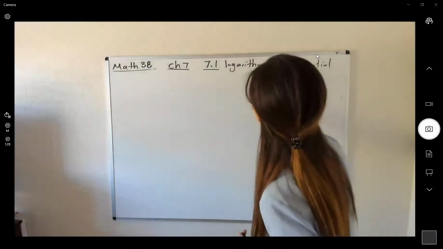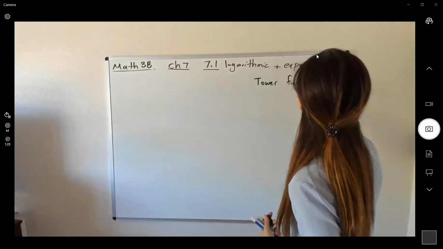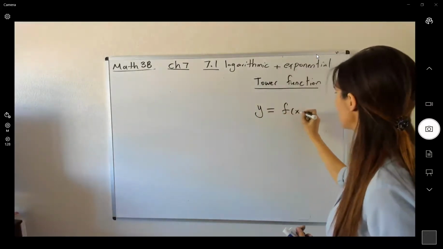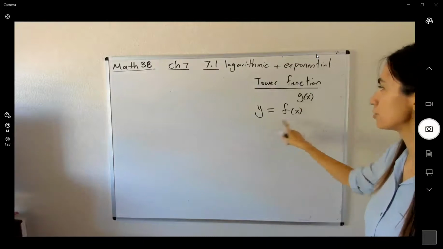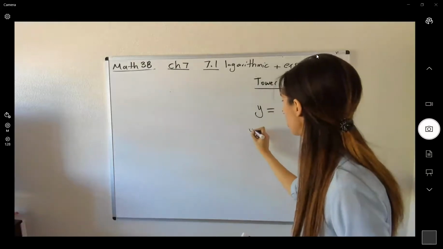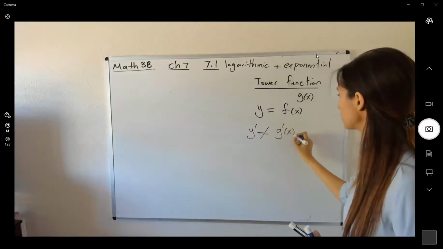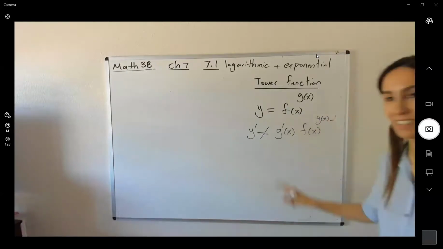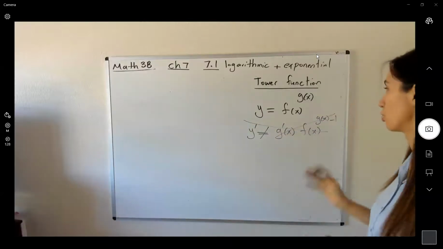Suppose you have a function of this format, y equals f of x raised to another function g of x. Note that y prime is not equal to g prime of x times f of x to g of x minus 1. You cannot take the derivative this way. This is wrong.